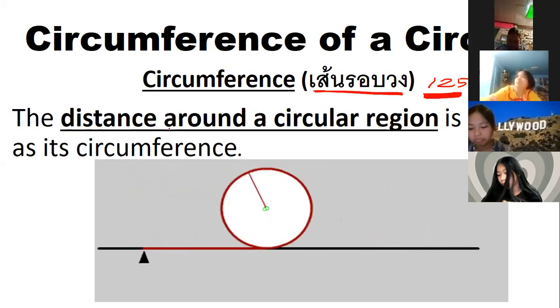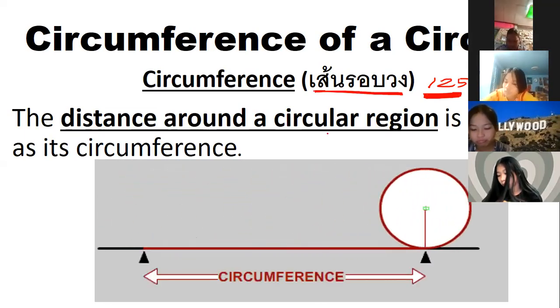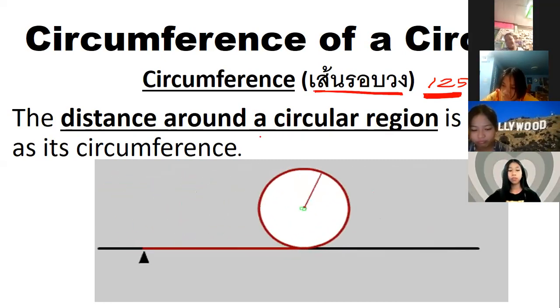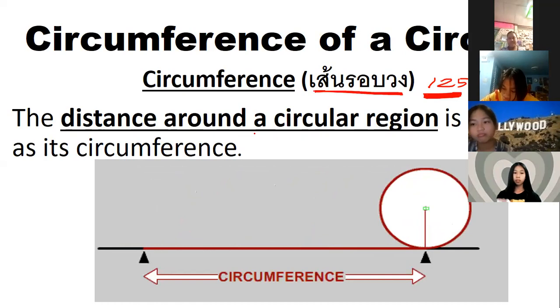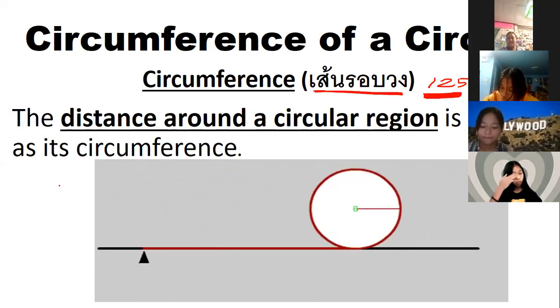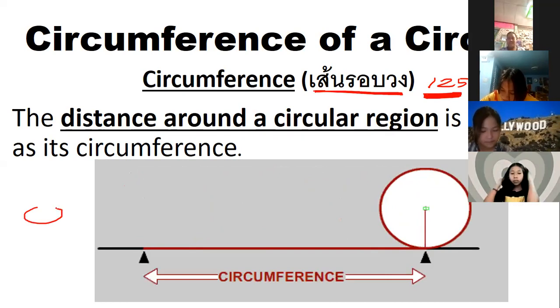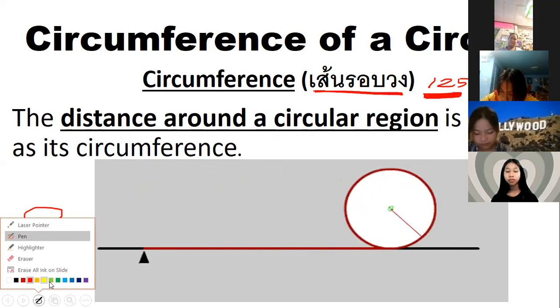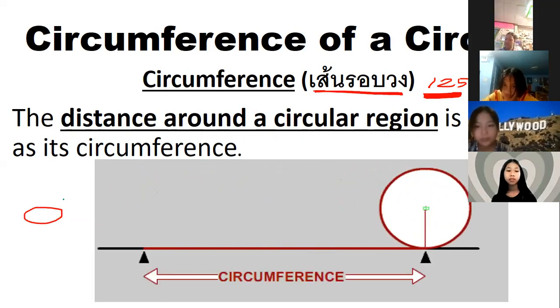The distance around a circular region is known as circumference. So the question here: how big is the circle? How many centimeters is the circle? For example, we have the circle here, and we don't know. So I will use another color, green.